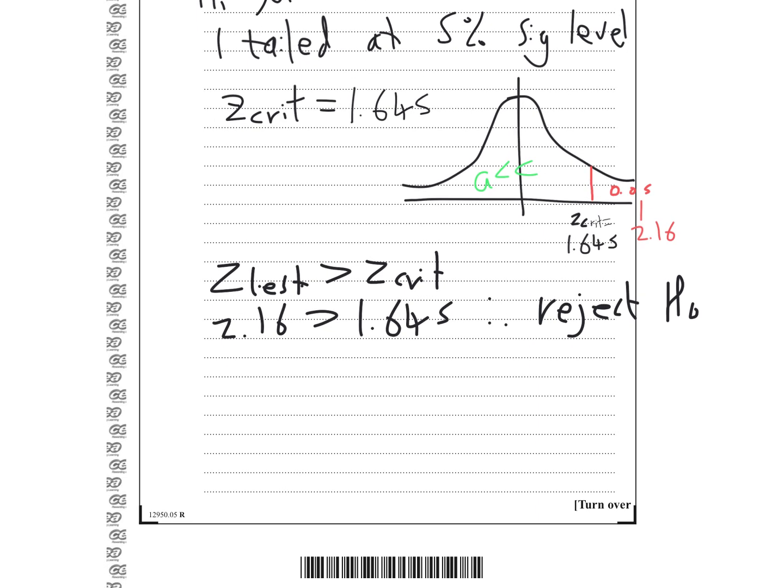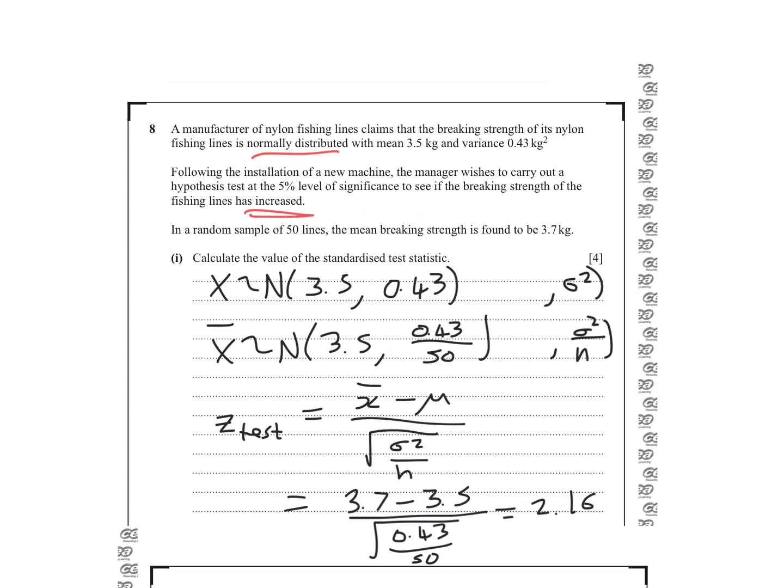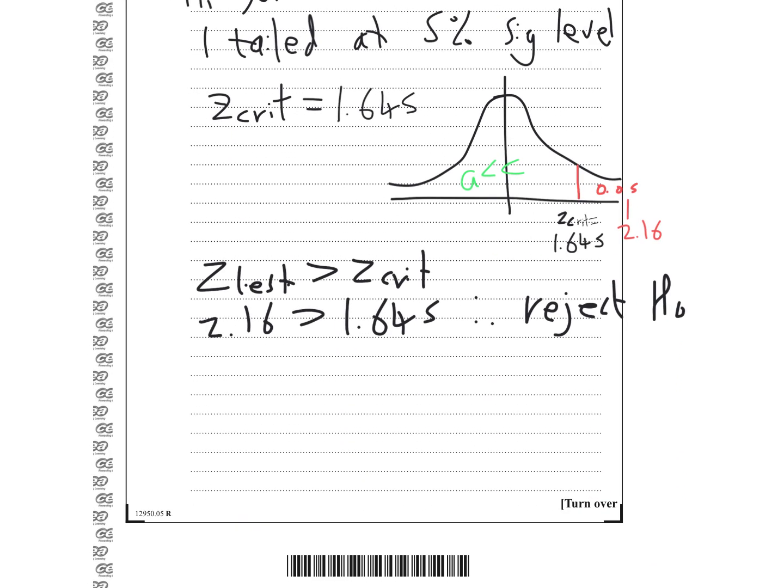So we reject H0, and then we write our statement reflecting what the question is talking about, which is the breaking strength of the fishing lines. There is sufficient evidence at the 5% significance level that the mean strength of the fishing lines has increased.